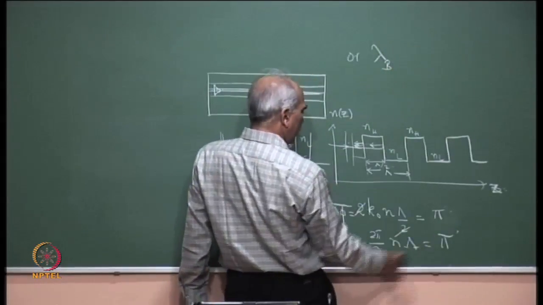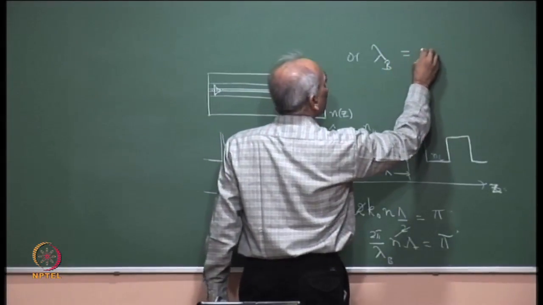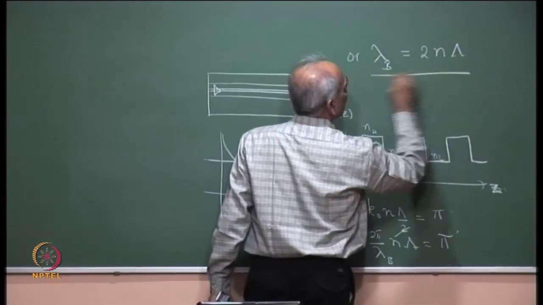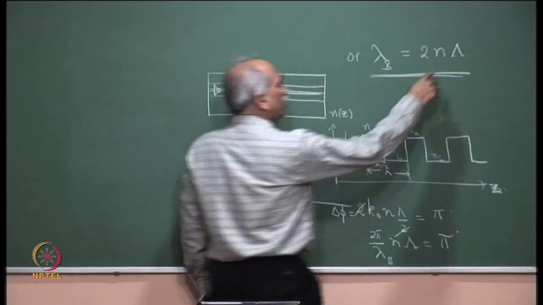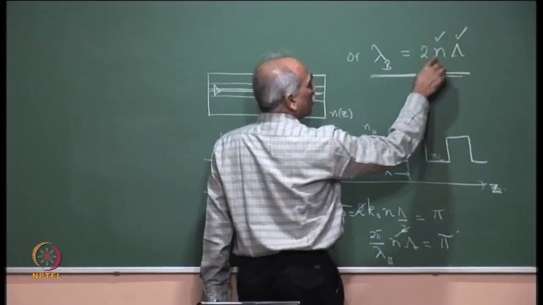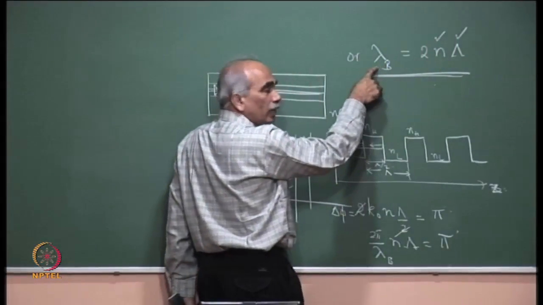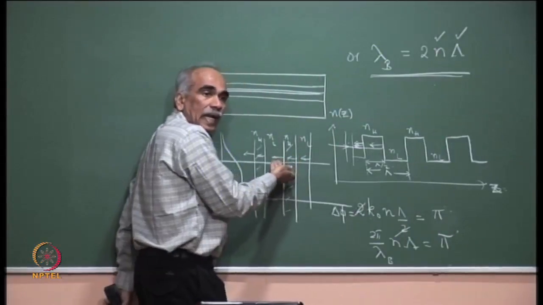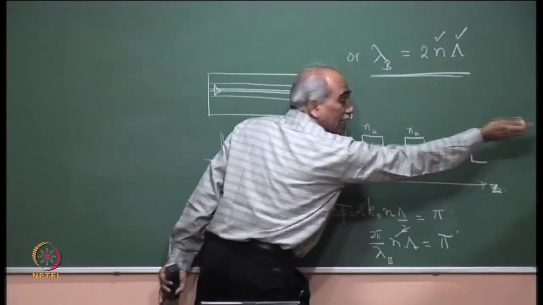So, lambda b is equal to 2 times n into lambda. If you take a period lambda and the refractive index of the medium n, then this wavelength will get resonantly reflected. No other wavelength will get added in phase, so they will get transmitted.